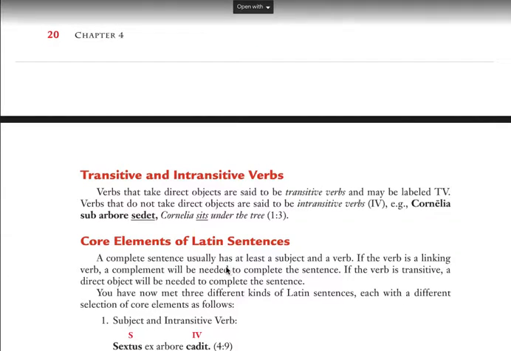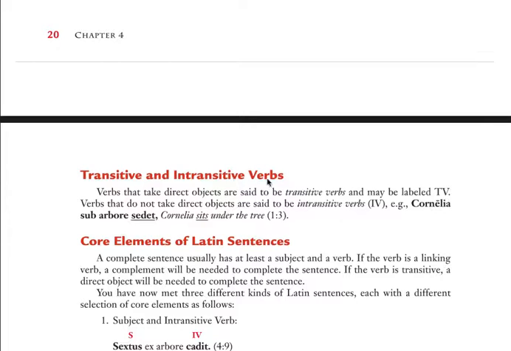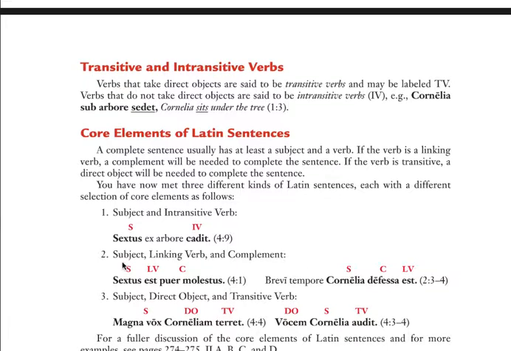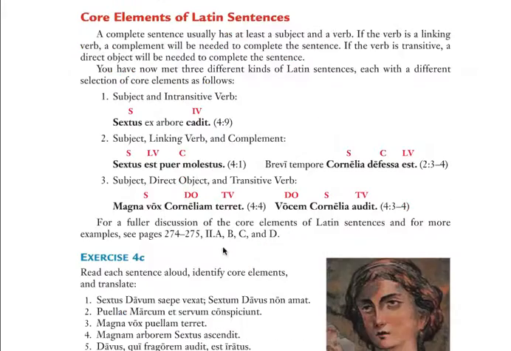And you're going to need to know what transitive and intransitive verbs are, and that's fairly simple. Verbs that take direct objects or are followed by direct objects are called transitive verbs, and they are labeled TV when you're labeling things down in exercise 4C, as they have done here.